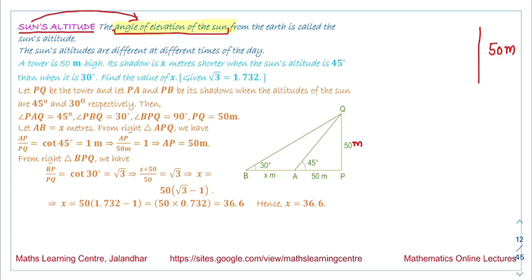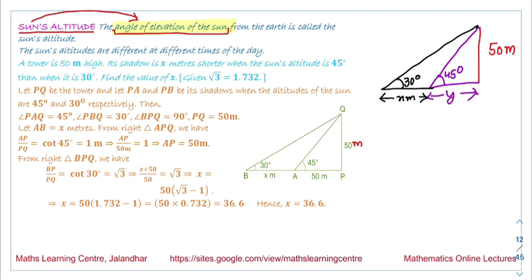So suppose this is the shadow cast when the sun's altitude is 45 degree, and second, this is the shadow cast when the sun's altitude is 30 degree. Now it is given that this shadow is x meter shorter than this shadow. Suppose the value of this is y.